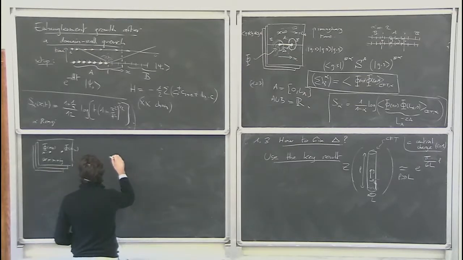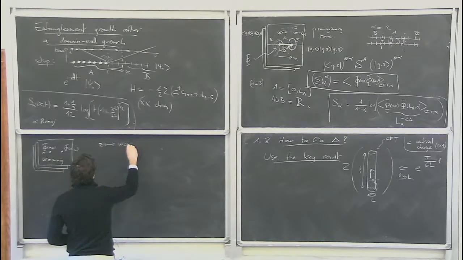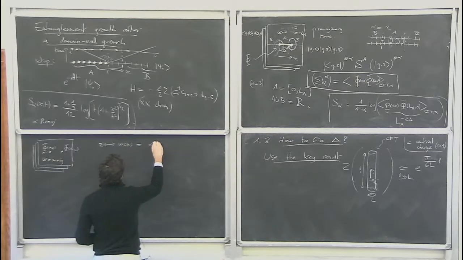So now I'm going to use the conformal map from the cylinder to the plane, which you can check reads as this.